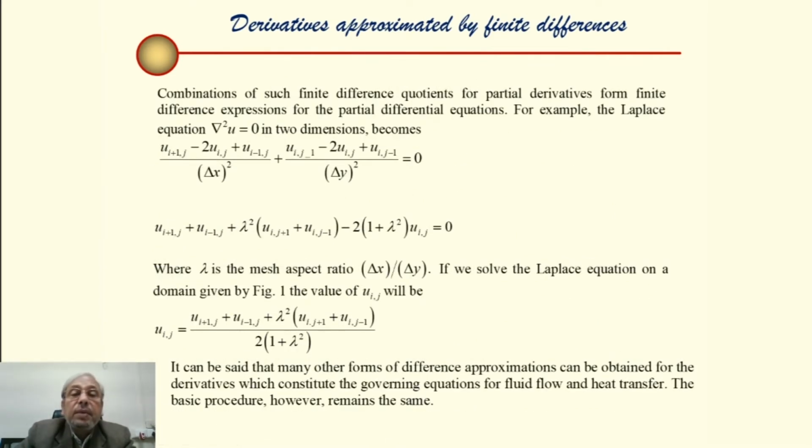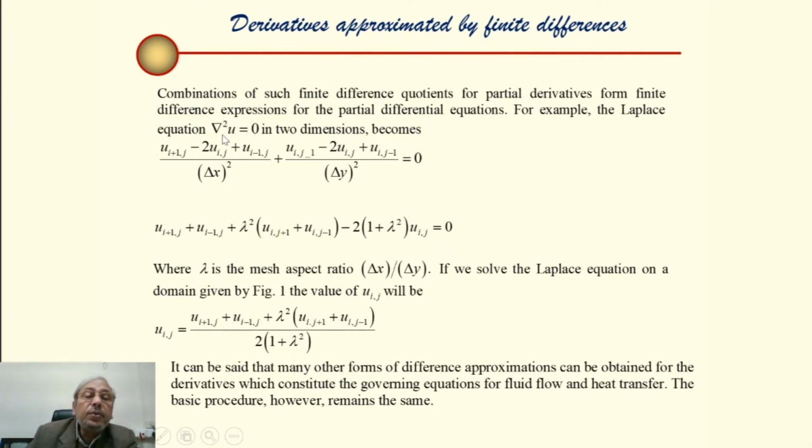Now, a combination of such finite difference quotients for partial derivatives forms finite difference expressions. For the partial derivatives, we can find the finite difference quotients for each derivative. Like del 2 grad square u equal to 0. This is a Laplace equation.